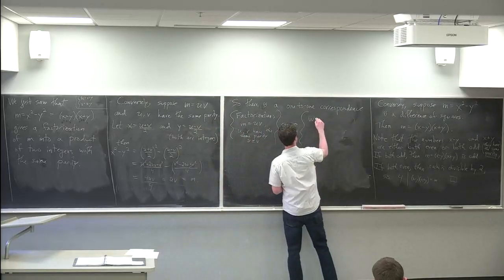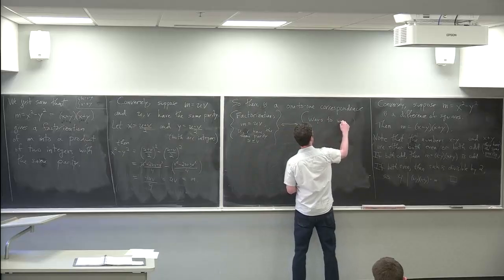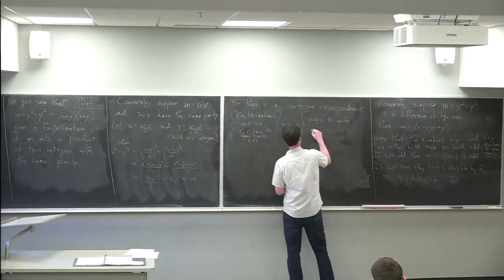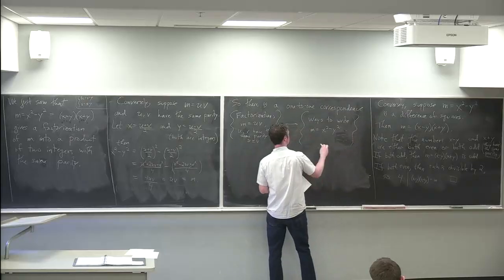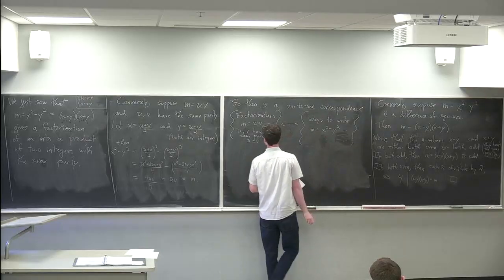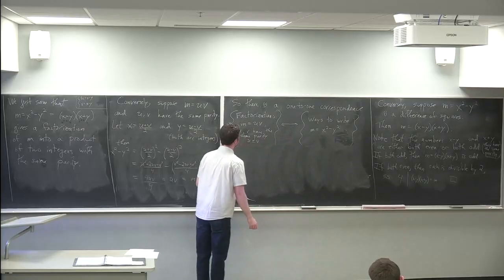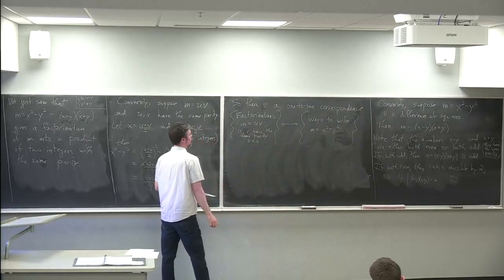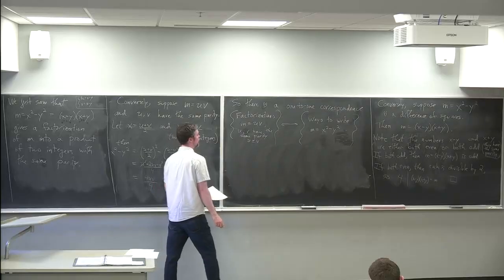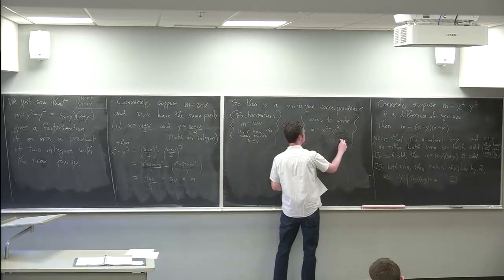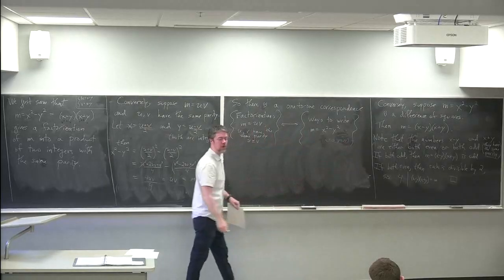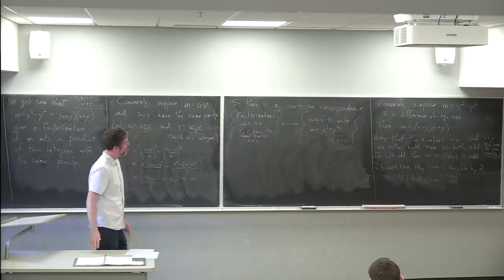So ways to write m as x squared minus y squared. This is not that important of a point, but we're not considering negative x's and y's, because it wouldn't yield anything different.